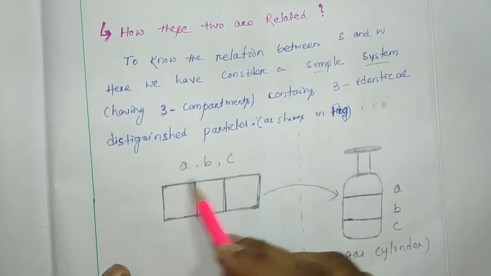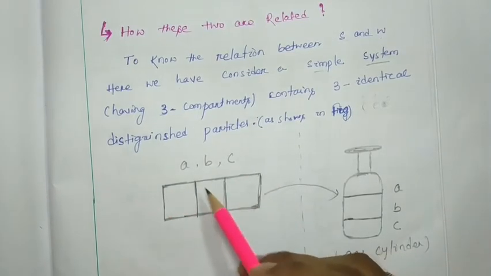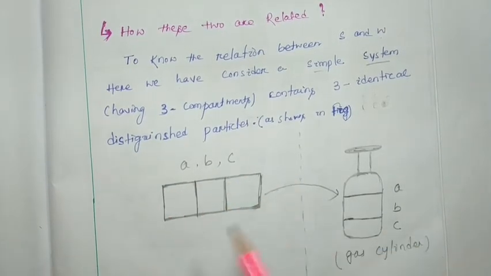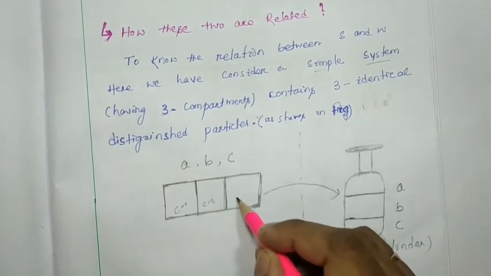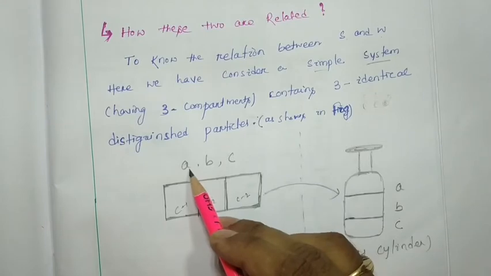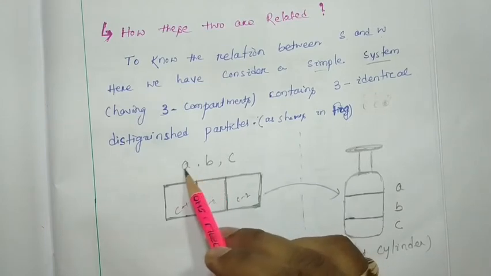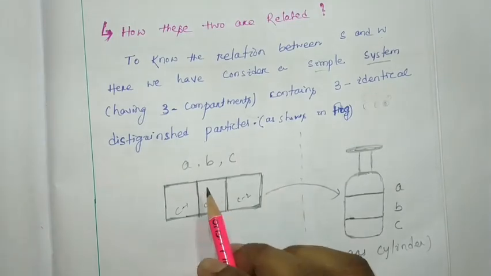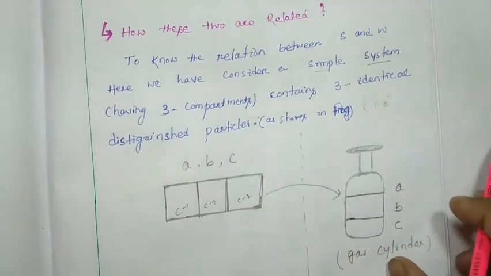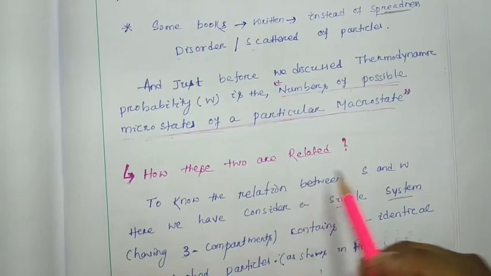The system is divided into three equal compartments, c1, c2, c3, and the three distinguishable particles are a, b, c. This is the example we take to understand the relation between S and W.